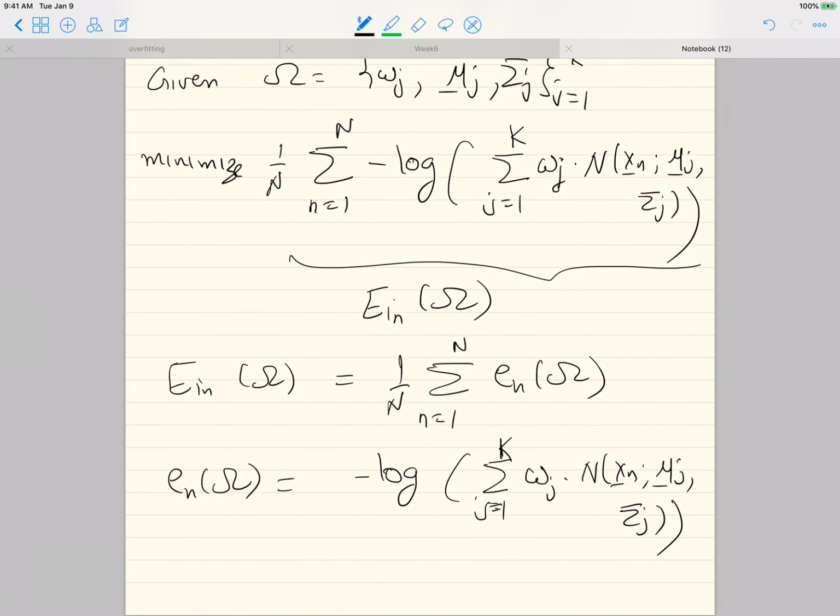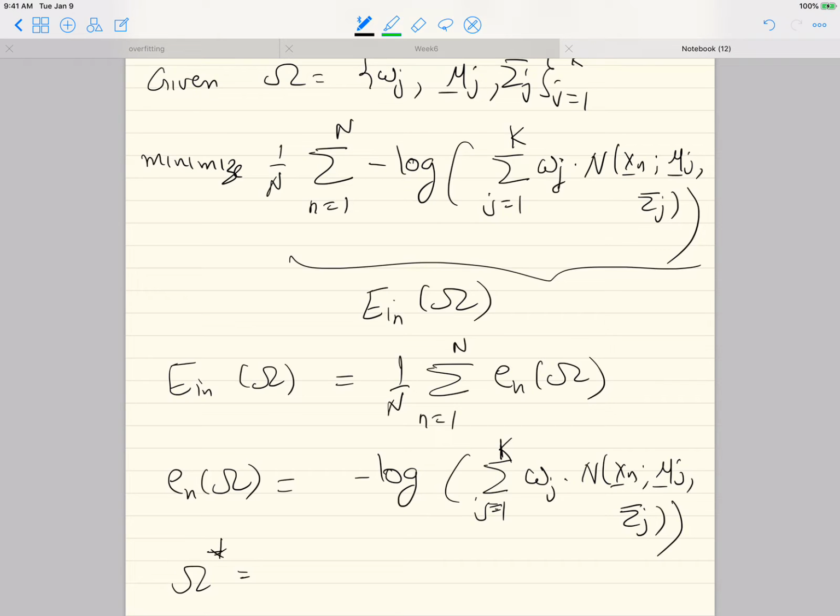And I want to select omega star to be the argmin of E of omega, right? This is again, now I have a standard machine learning framework. I have my model parameters, which is this mixture of Gaussians. I have my loss function, which is additive across the N training points. And I want to minimize it with respect to my model parameters.